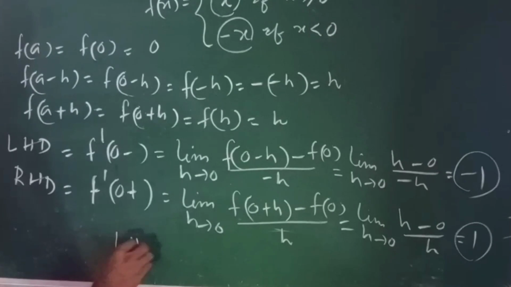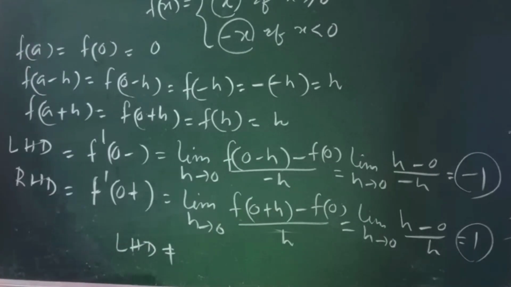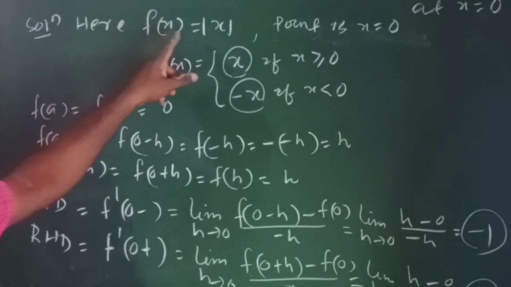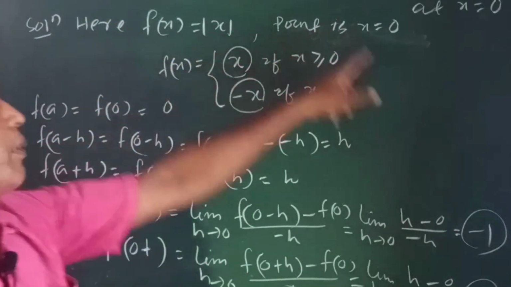That means left derivative is not equal to right derivative. So the function f of x is equal to mod x is not differentiable at x is equal to 0.